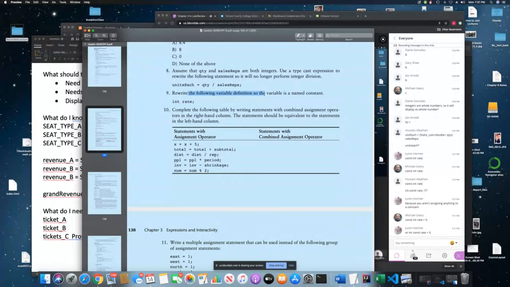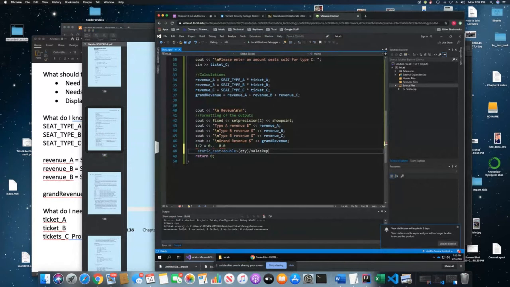Are you also talking about making it all caps because it's a constant? You don't have to. It's good programming practice to make it all caps, but it's not a requirement. But when something is a constant and you define the variable, you must give it a value at that line. Because right here, constant int rate, right?